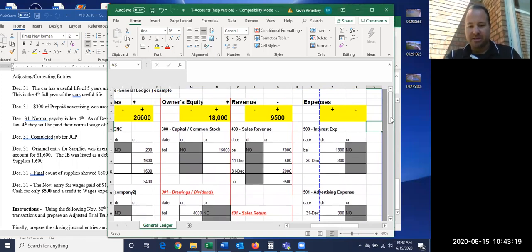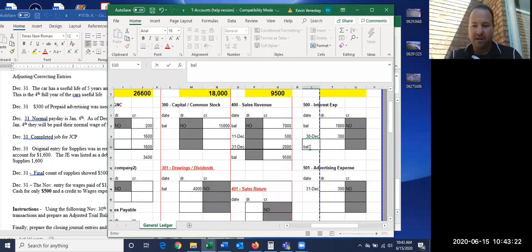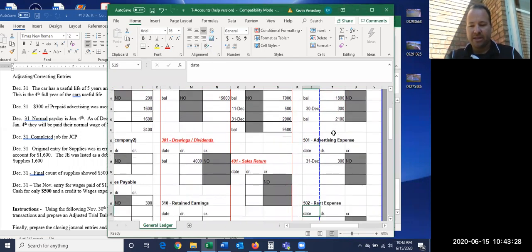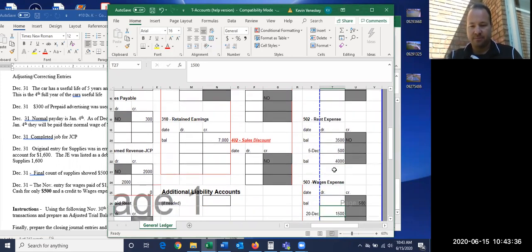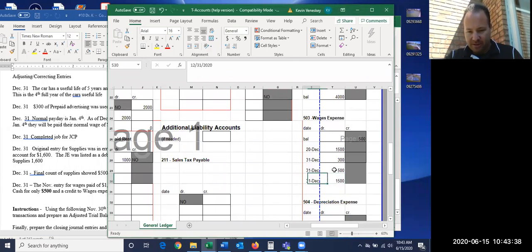All right, the expenses. We will need to balance some of these. Advertising, we don't need to do anything with it. Rent, yep, we need to balance this out. Wages, definitely. There's lots going on here.